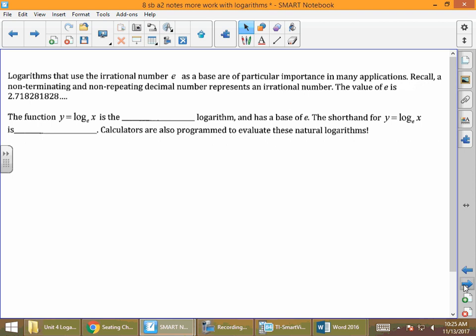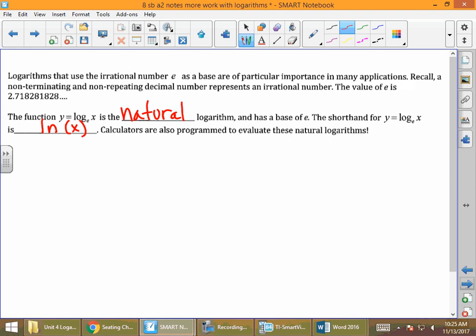And the function y equals log base e of x is actually the natural logarithm. And it has a base of e. The shorthand version for y equals log base e of x is ln of x.